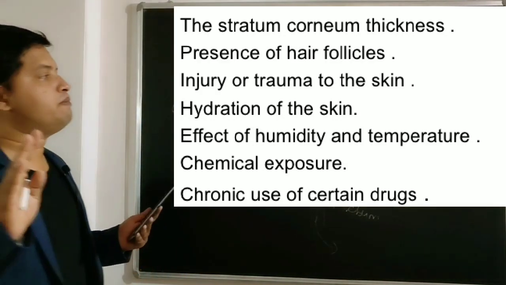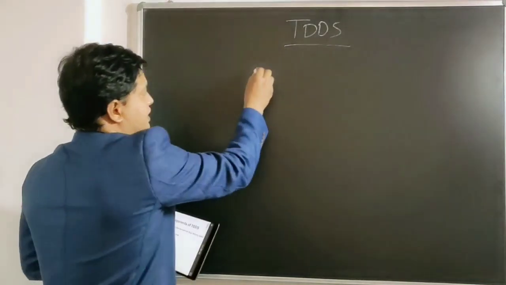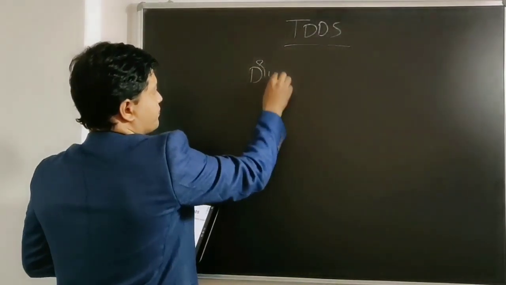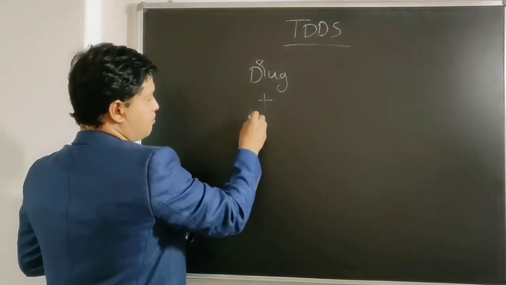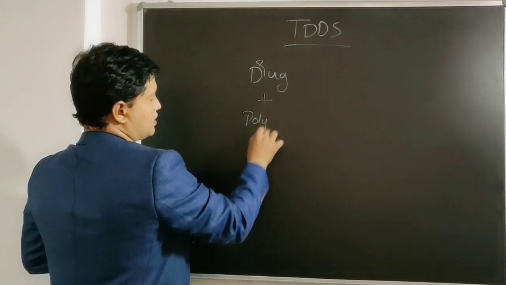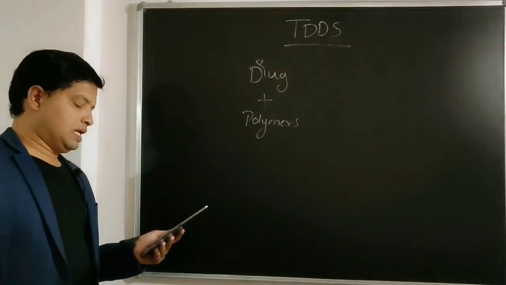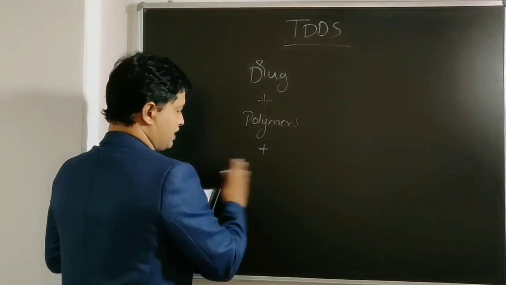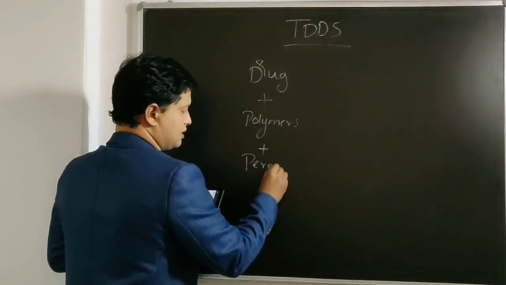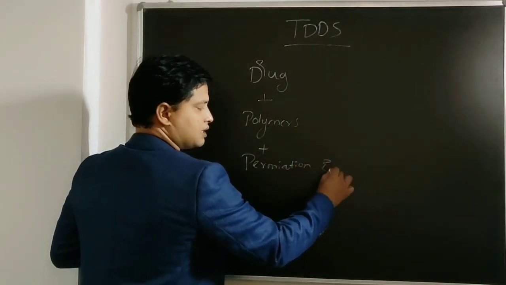Now we will see what are the basic components of a transdermal drug delivery system. First we have the drug. Now in this drug we will try to mix some polymers. Then because the drug is not penetrating through the skin, we try to add permeation enhancers.